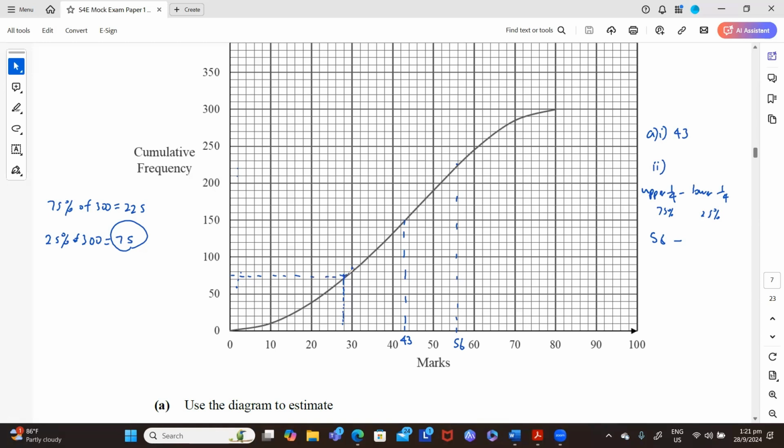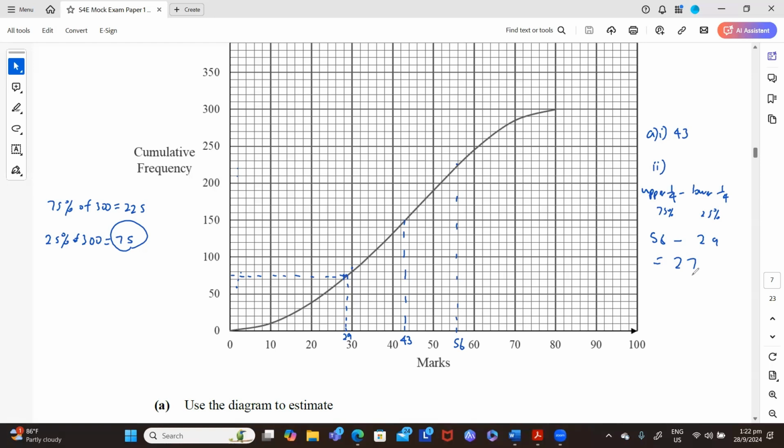Actually it touches this line here, so erase this part and trace it down here. So this is 29. So 56 minus 29 will give you 27, and that is your interquartile range.